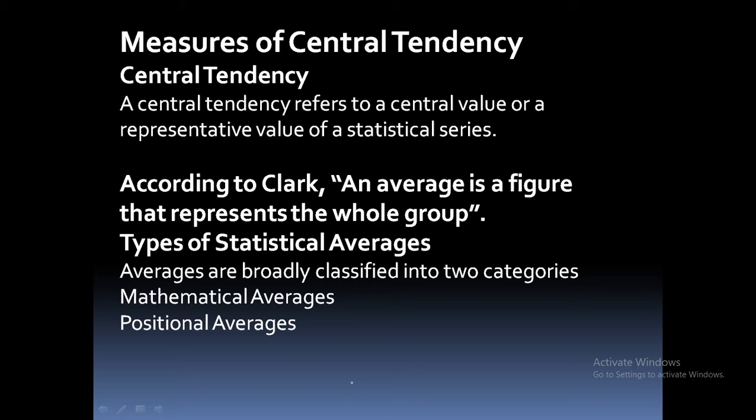According to Clark, an average is a figure that represents the whole group. Types of statistical averages. Averages are broadly classified into two categories. First, mathematical averages. Second, positional averages.